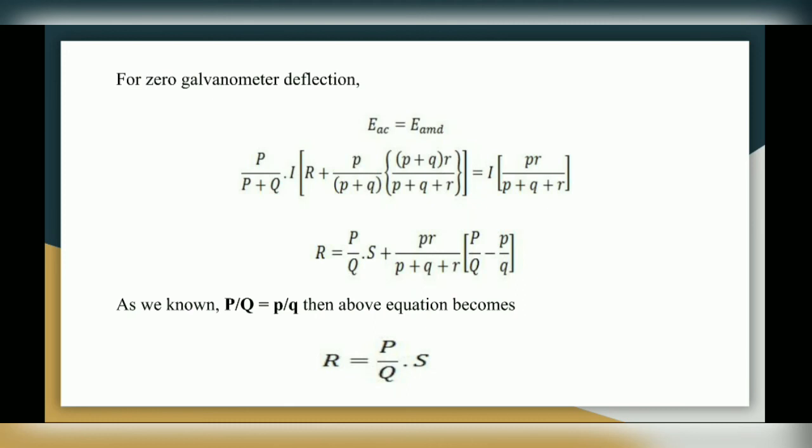For zero galvanometer deflection, EAC is equal to EAMD.